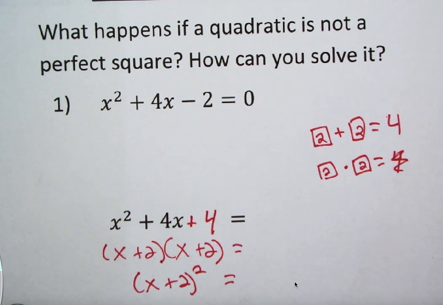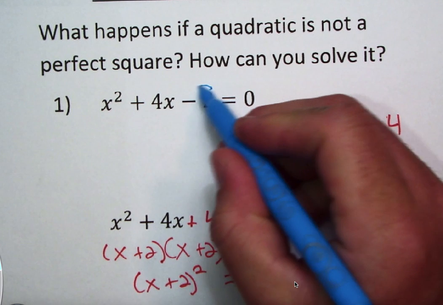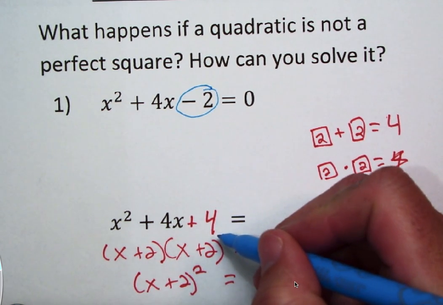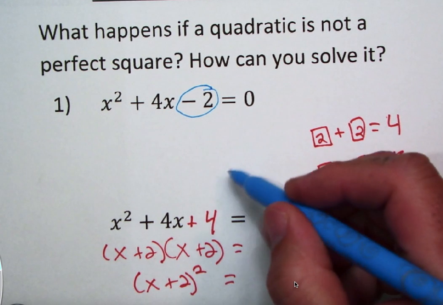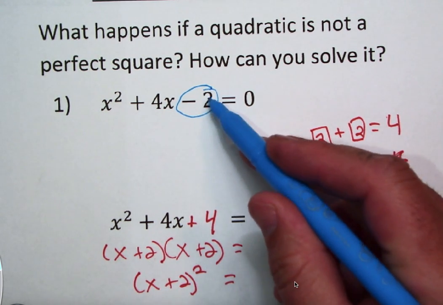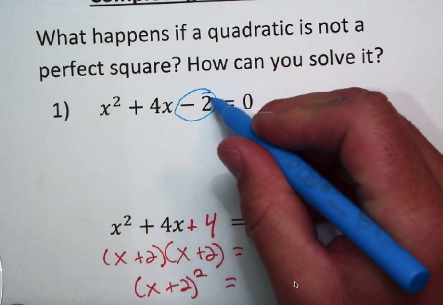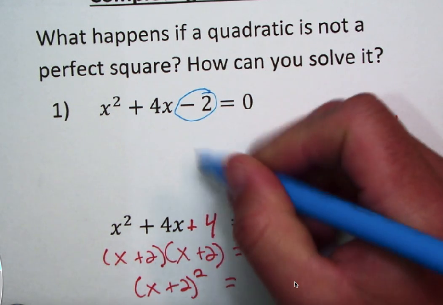But we could actually make it a +4 because there are rules in algebra that allow us to do things to both sides of an equation. So if I wanted to turn this -2 into a +4, what could I do to both sides of an equation? Well, -2 plus what will get us 4?